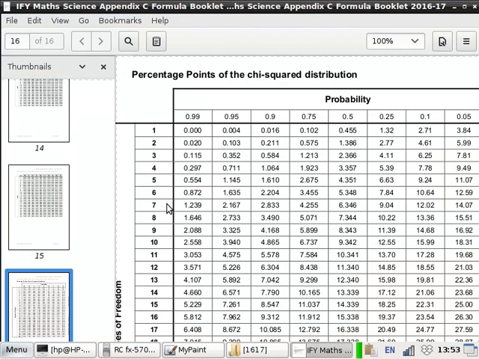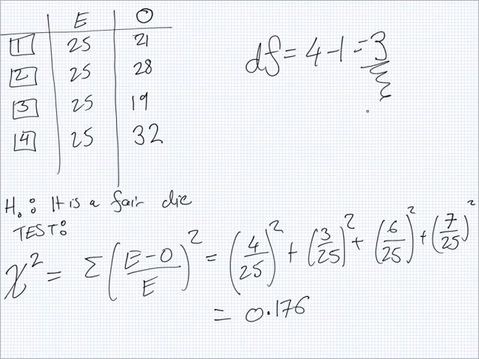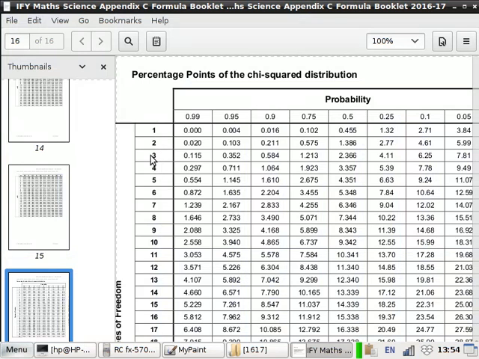That's simply how many boxes you have minus 1. So for this table, the degrees of freedom for this problem would be 4 minus 1 would be 3. So what you do is you go to row number 3.